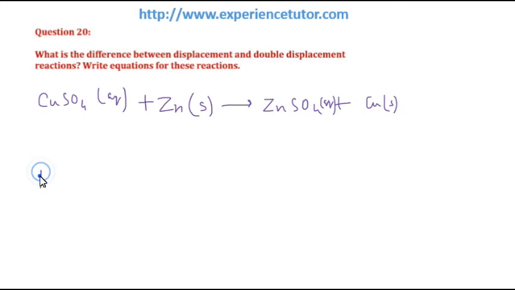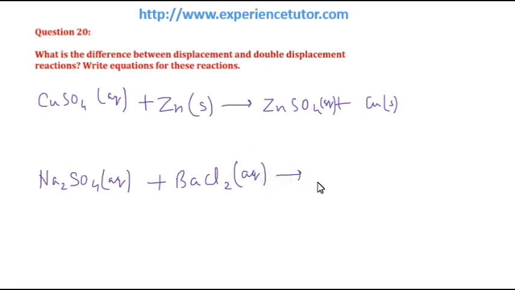So we can write Na2SO4 aqueous plus BaCl2 aqueous gives BaSO4 plus NaCl.